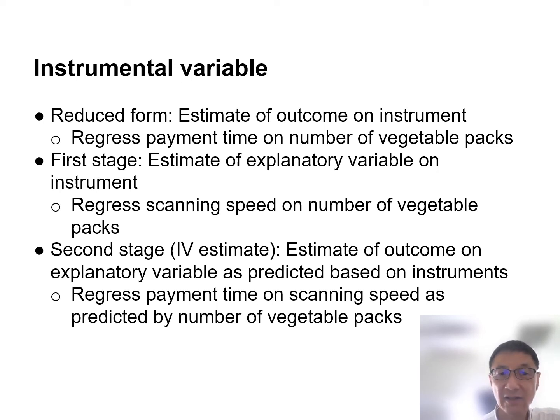In the second stage of the regression, which is the IV estimate, that's the estimate of the outcome on the predicted explanatory variable based on the instruments. So we regress the payment time on the scanning speed, but not the scanning speed as such, which would be the ordinary least squares regression, but the scanning speed as predicted by the number of vegetable packs.